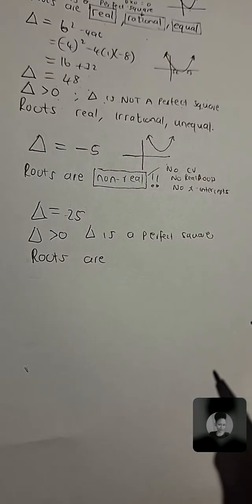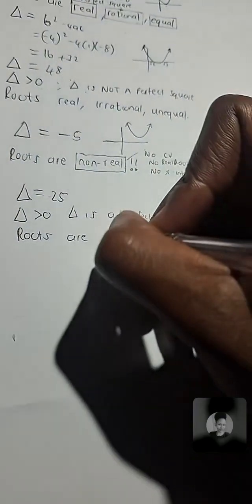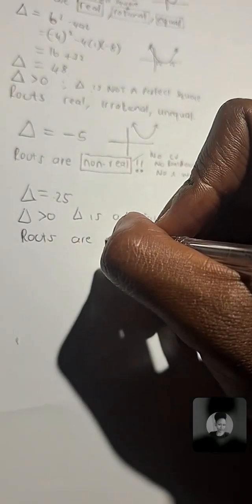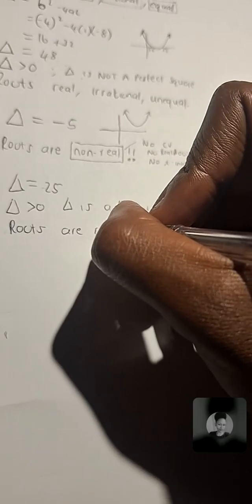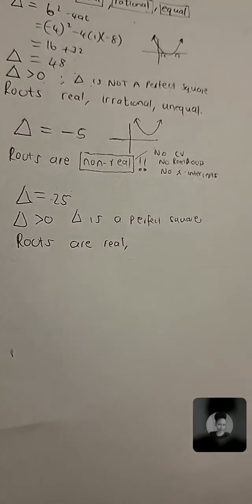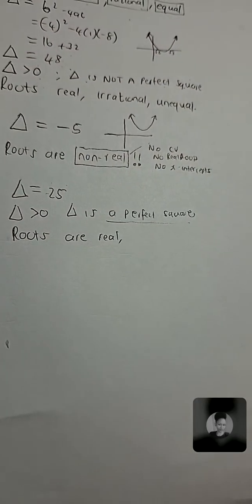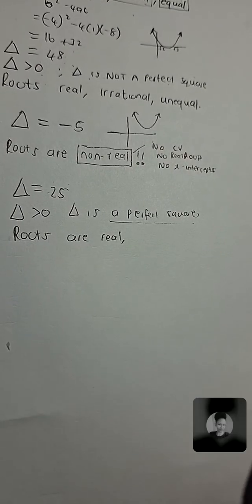So when you comment about the roots, what are you going to say? Are they real or non-real? They're real. Okay. Are they rational or irrational? Since it's a perfect square, does that mean rational or irrational? Rational. Good.